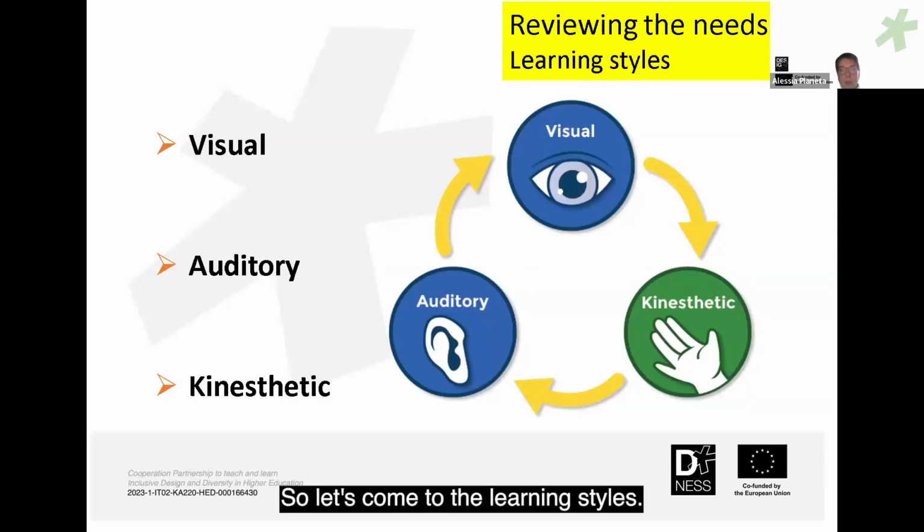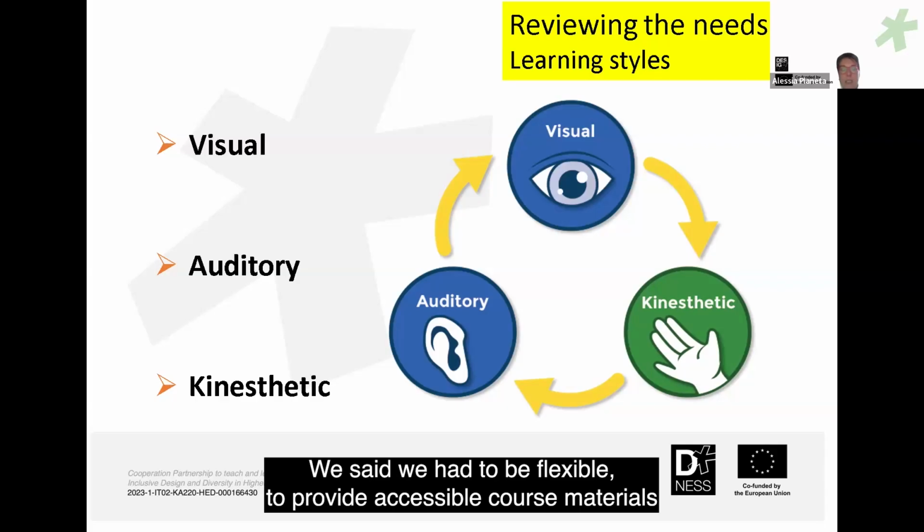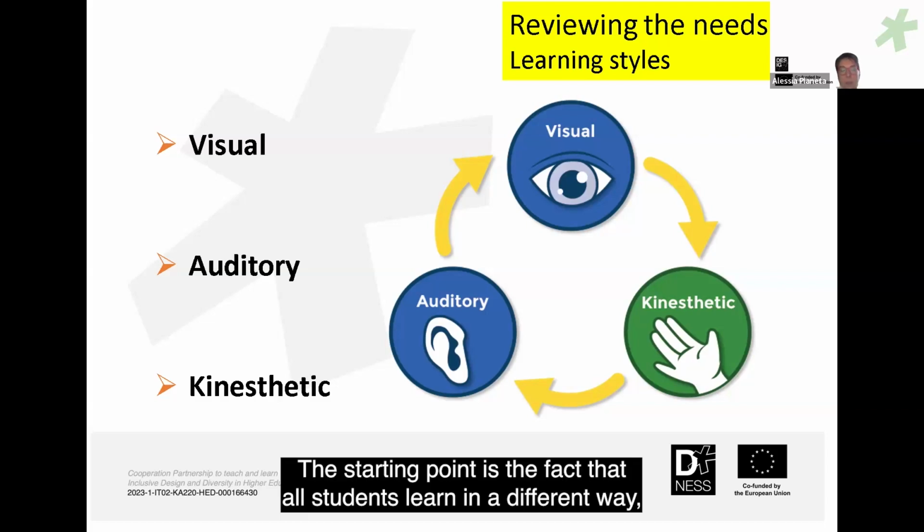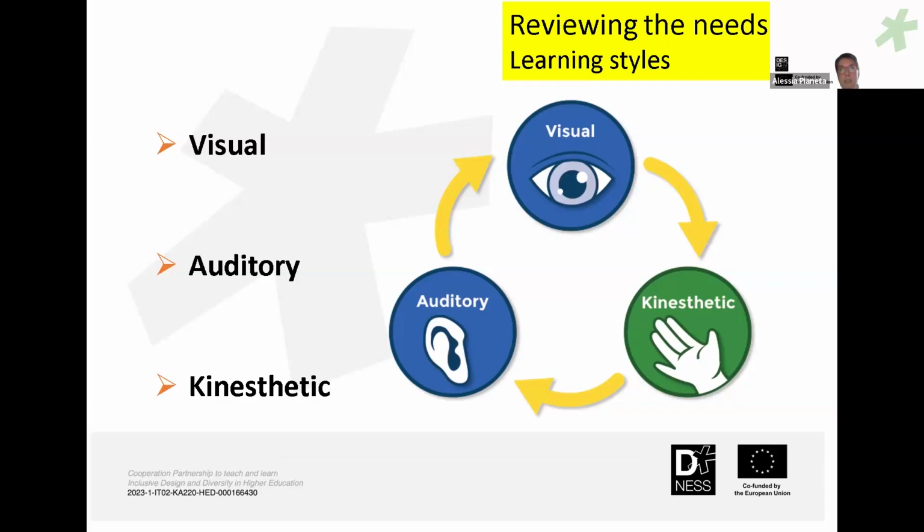So let's come to the learning styles. We said we have to be flexible to provide accessible course materials, but what is our starting point? The starting point is the fact that all students learn in a different way.